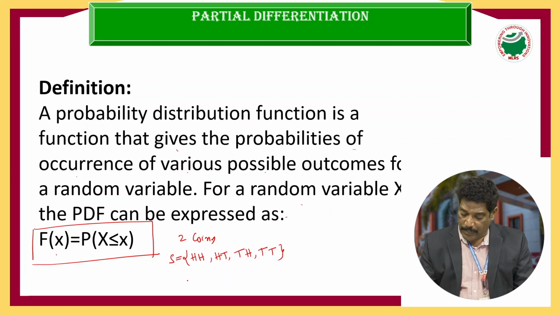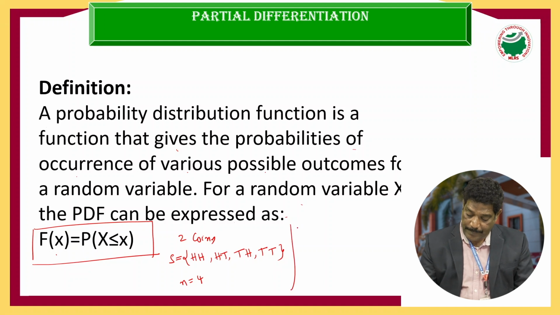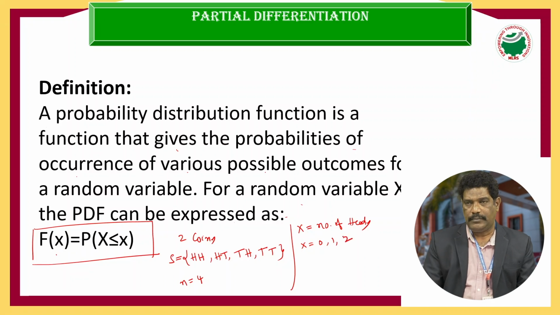So the total number of sample points is n equals 4. Here we define the random variable X as the number of heads. The number of heads may be 0, 1, or 2.